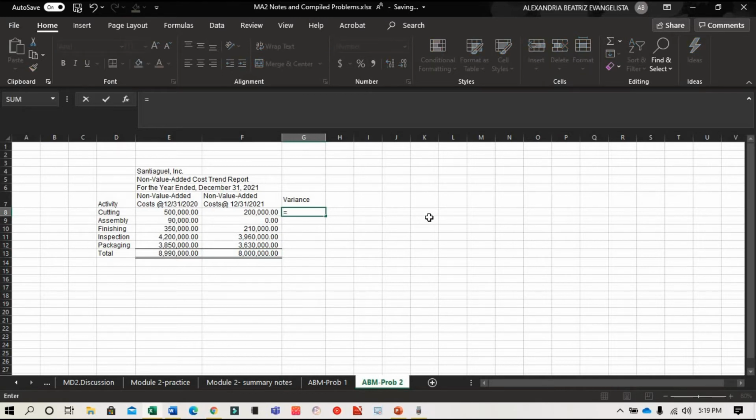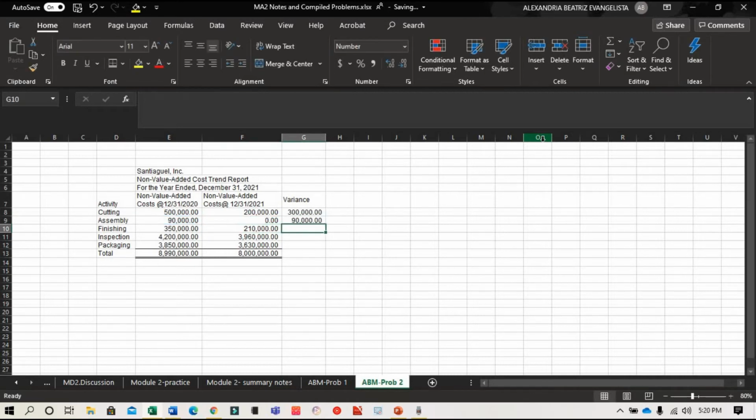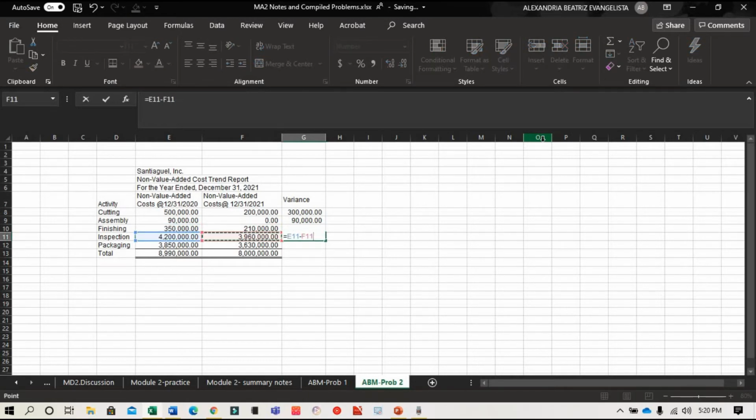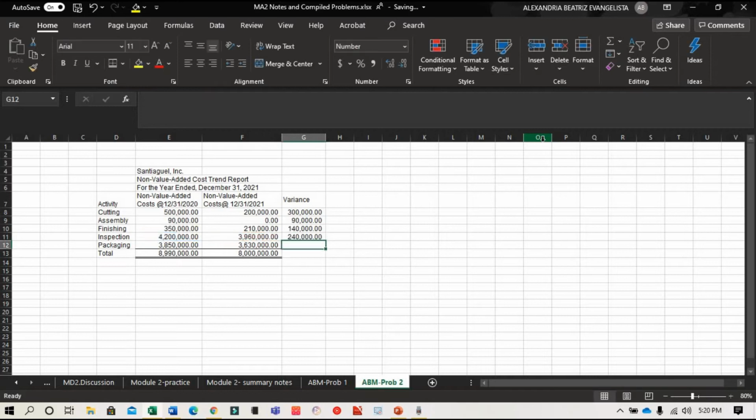And for the variance, we will just simply deduct 2,500 minus 200, 350 minus only 10, 4,200,000 plus 3,960,000 and 3,850,000 less 3,630,000.